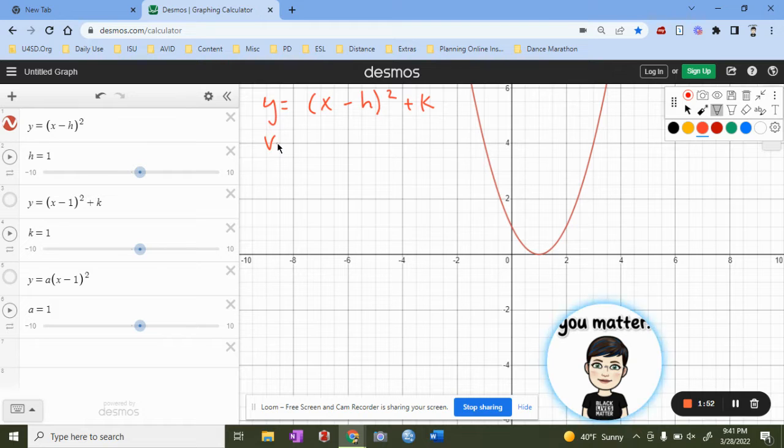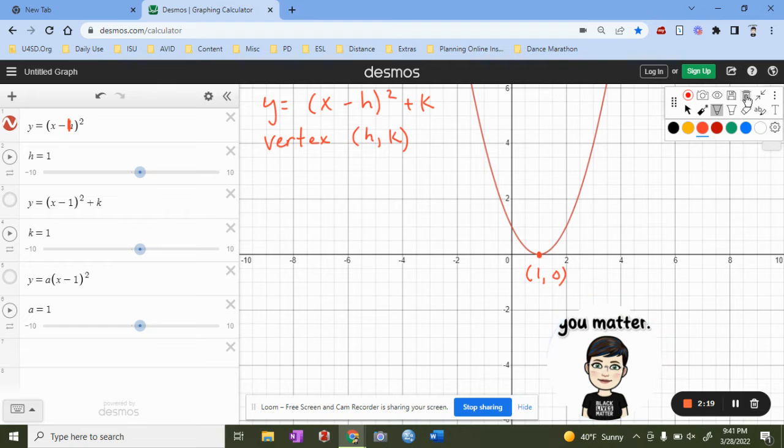And our vertex, that maximum or minimum point, is at the ordered pair h, k. So for example, right here, what is that point? And we can see that is at 1, 0. And that is because our h value equals 1.